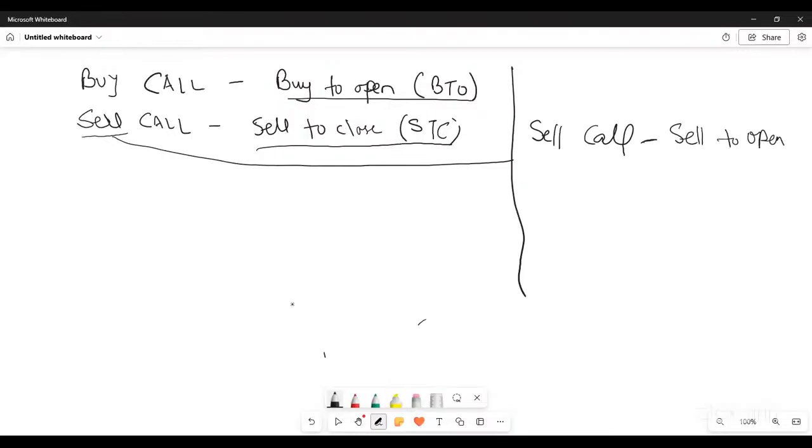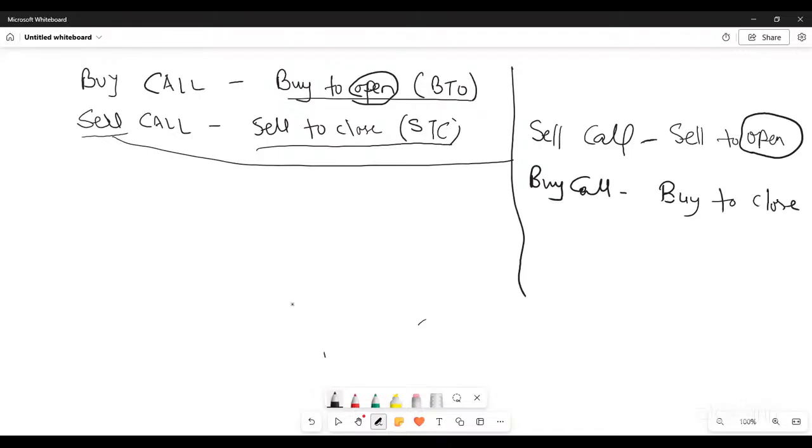Whenever we are opening a new trade, it's an open. And when we are closing that same position, here it was a sell to open, so when we buy this call back, it will be buy to close. We are buying back to close that position.